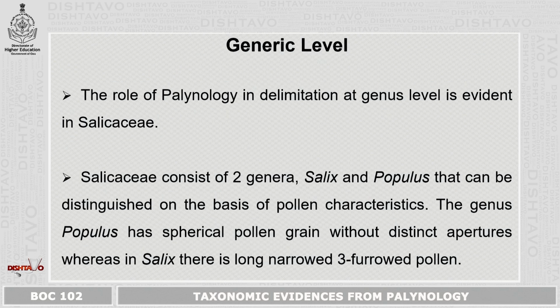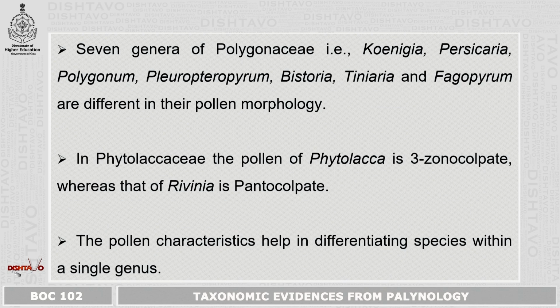At the generic level, the role of palynology in delimitation at genus level is evident from the family Salicaceae. Now, Salicaceae family has 2 genera, Salix and Populus, and these are distinguished based on the pollen characteristics. The genus Populus has spherical pollen grains without distinct apertures, whereas Salix has long, narrowed and 3-furrowed pollen.